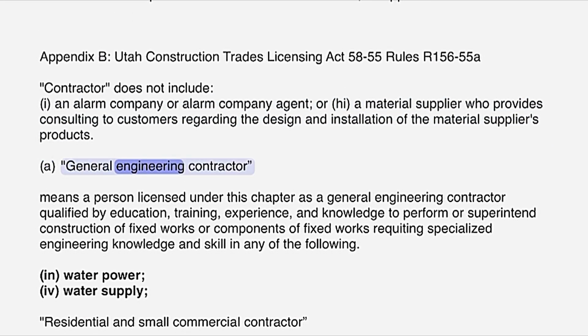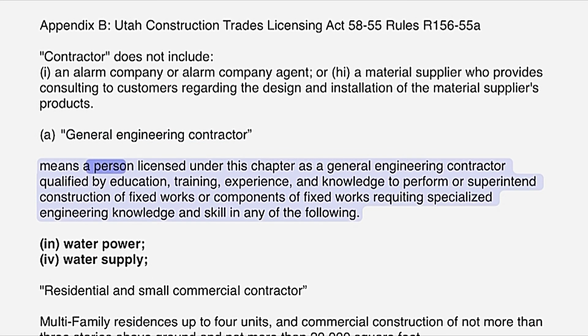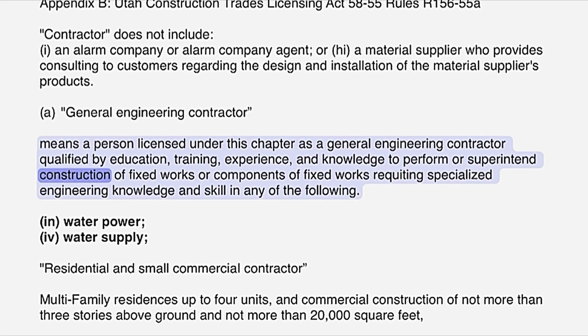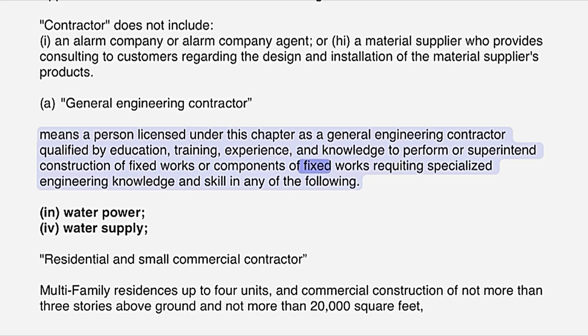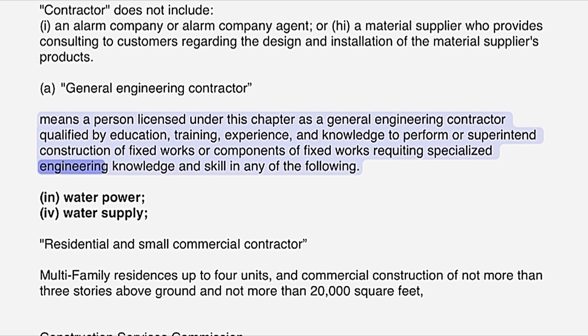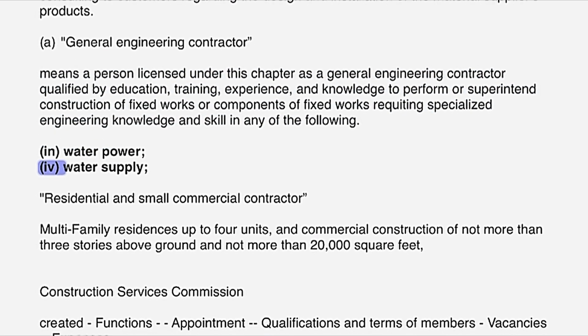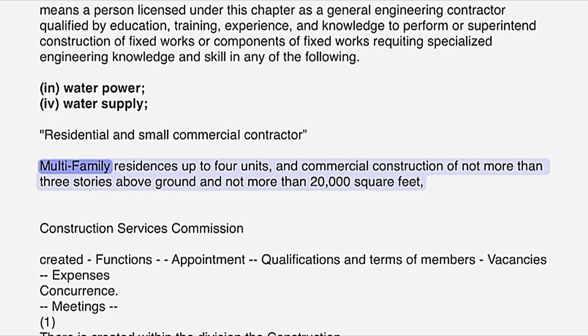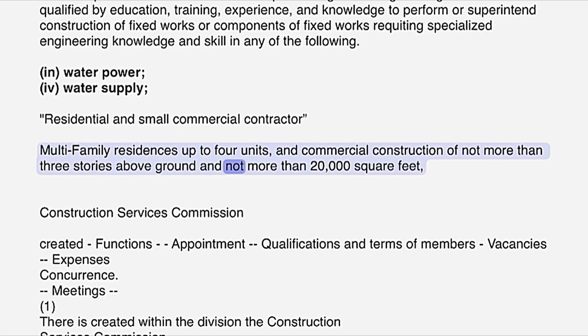General engineering contractor means a person licensed under this chapter as a general engineering contractor, qualified by education, training, experience, and knowledge to perform or superintend construction of fixed works or components of fixed works requiring specialized engineering knowledge and skill in any of the following: water power, water supply. Residential and small commercial contractor: multi-family residences up to 4 units, and commercial construction of not more than 3 stories above ground and not more than 20,000 square feet.